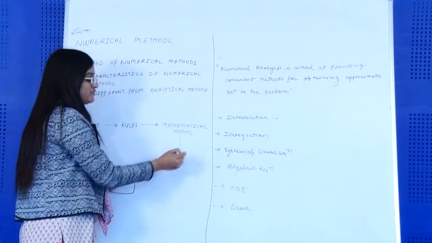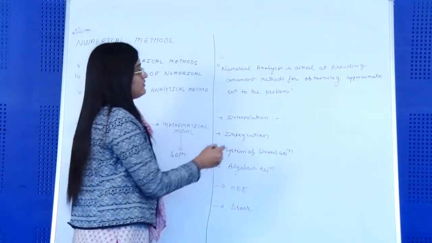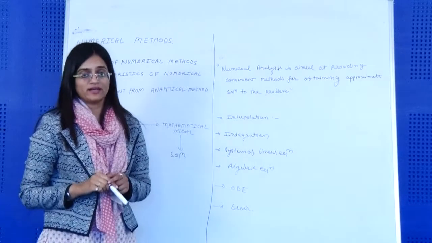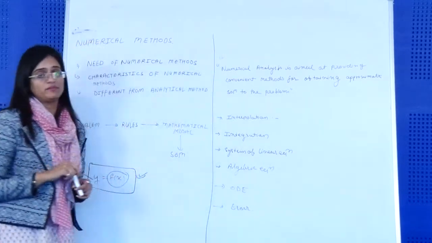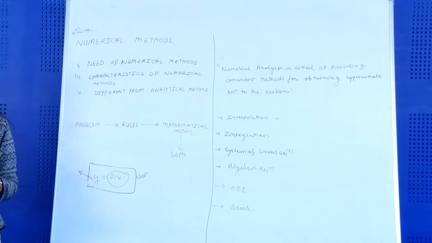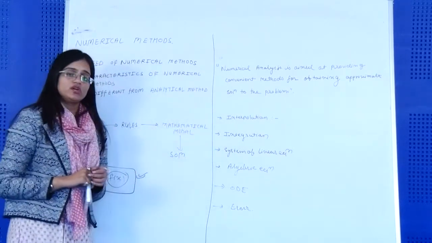Numerical method gives that formula, and it also gives the approximate answer of the problem. Here I am saying approximate answer, not an accurate answer, not a correct answer, right? So now we come to our modules.